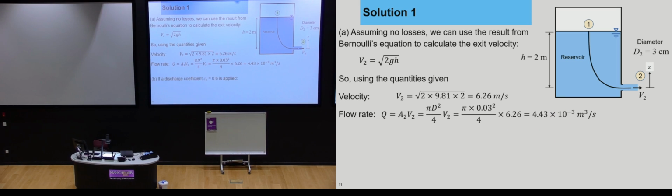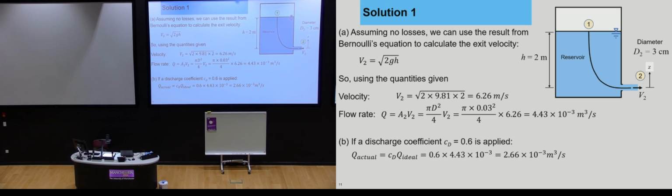So that's part A. Now if we go and do this with the discharge coefficient, which is what we're told to do in part B, the discharge coefficient is 0.6. So we just multiply the answer we got from part A by 0.6. So here's 0.6 times our answer, we end up with 2.66 liters per second.